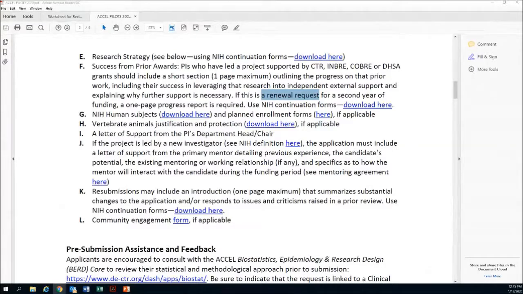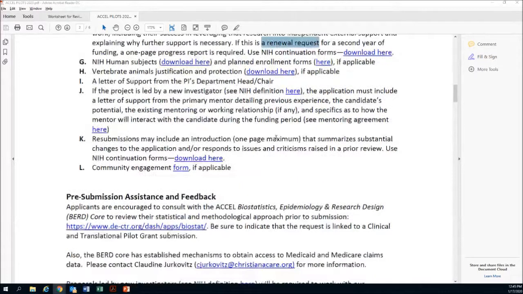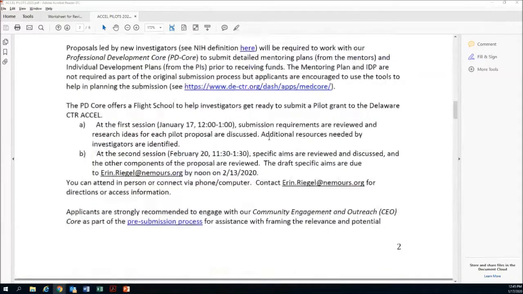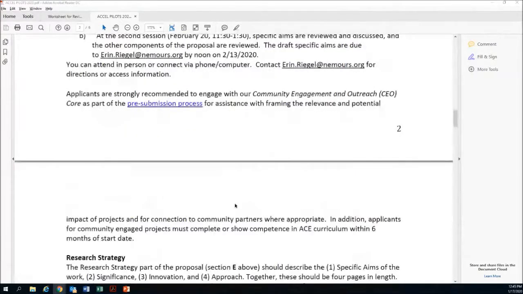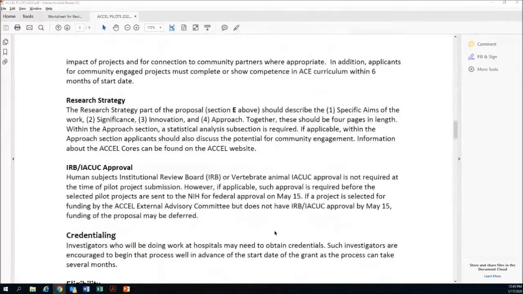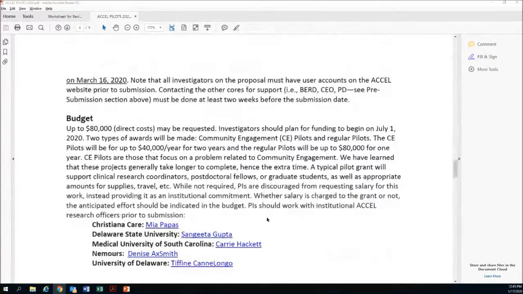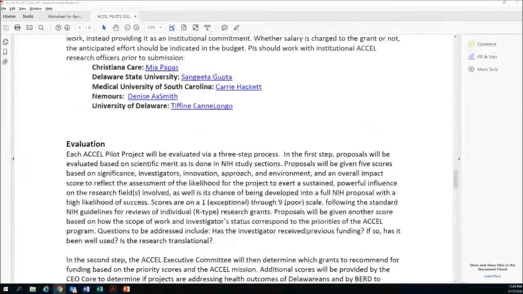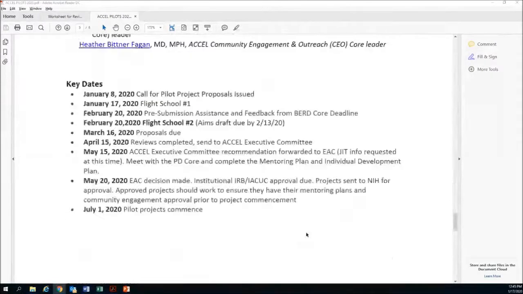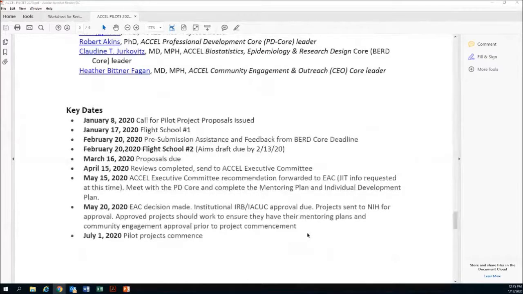Hi. So my question is about the IRB. I just looked at the dates, and it looks like you're not going to be announcing. When are you going to announce it? The proposal is due on March 16th, which means that at UD, the first opportunity we have to submit the IRB would be early April.